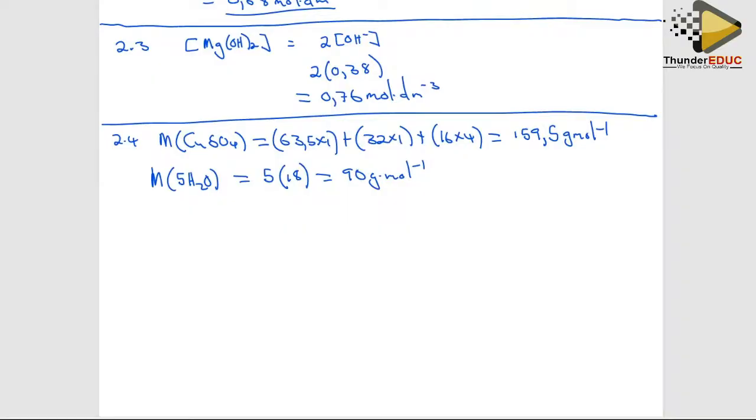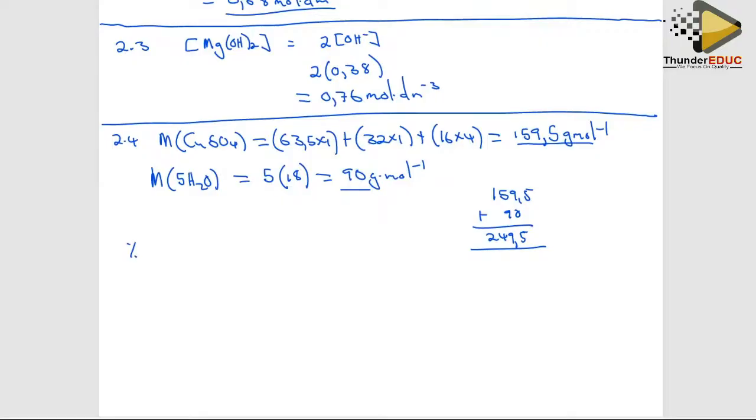Now I have this 90 and this 159.5. In terms of the percentage of water, I'm supposed to add the totals: 159.5 plus 90 gives me 249.5.